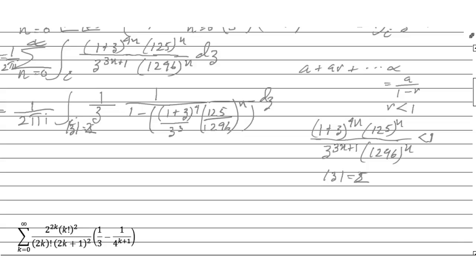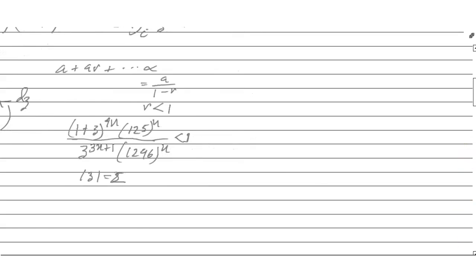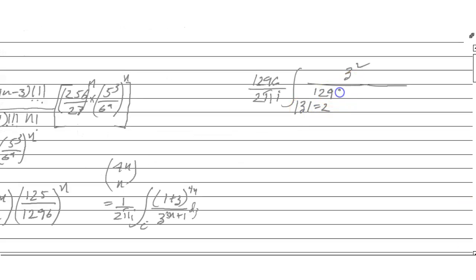And now I shall go on to solve another way. Mod z equals 2, integral of 1296 z cubed minus (1 plus z) whole to the power 4 times 125, dz. So it can be written this way.